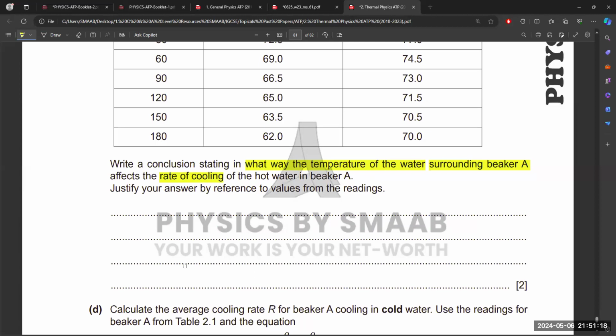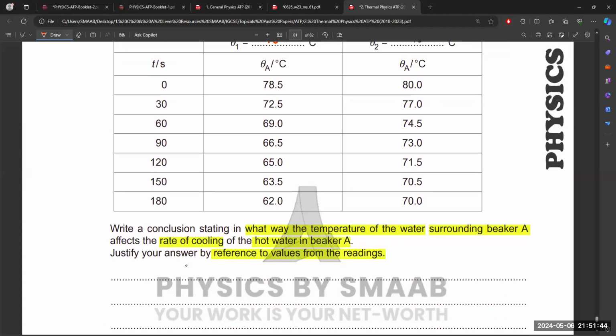So basically if we fill hot water in beaker A, the water in the surrounding, that is filled in beaker B, tries to cool down the temperature of beaker A, because heat transfers to the water in beaker B. Now justify your answer by reference to the values from the readings, right? You don't need to write any theoretical reason. You have to take reference from the values.